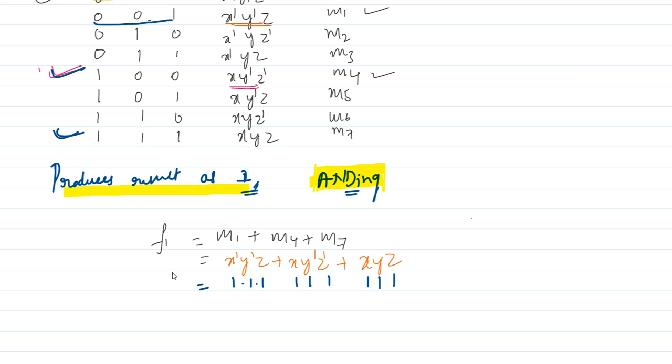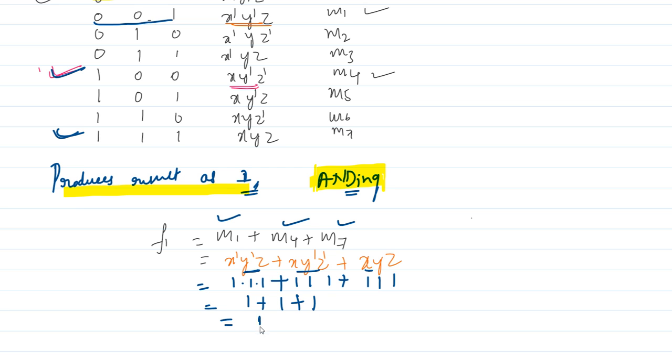Remember this: for writing a min term function, I used the OR operation with the min terms. These are the min terms: m1, m4 and m7. So operate with the plus: 1 dot 1 dot 1 is 1, plus 1 dot 1 dot 1 is 1, plus 1 dot 1 dot 1 is 1.